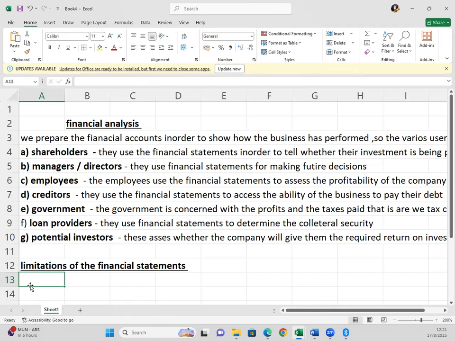The financial statements showed us that we were performing well, but did not tell us about non-financial issues, such as customer complaints.